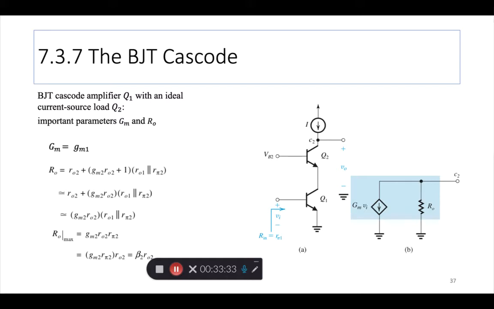Now let's see if some of the ideas also apply to the BJT. So the BJT cascode amplifier: Q1 is the gain cell, with an ideal current source load Q2, both are NPN transistors.